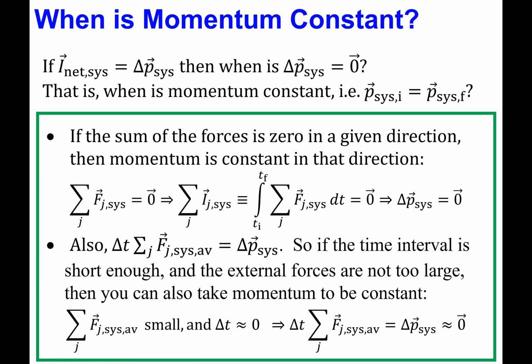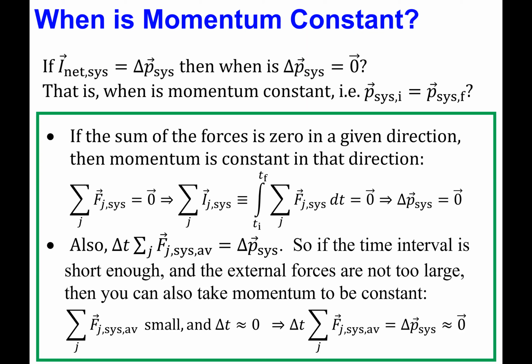Well, that's an exact statement, but we can also make approximations. So if we recall, essentially if we replace forces by the average of forces, then integration becomes something where we're really summing over forces times some time interval. So the mathematics is easier, it works under certain conditions, but where it's very useful is in the particular case when the time interval over which these forces act is really, really small.